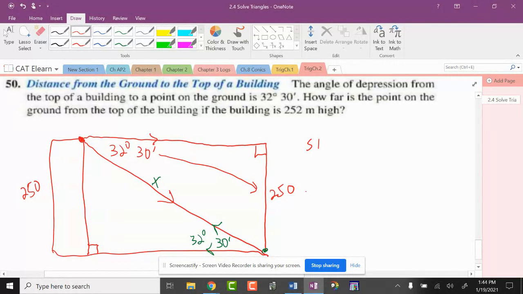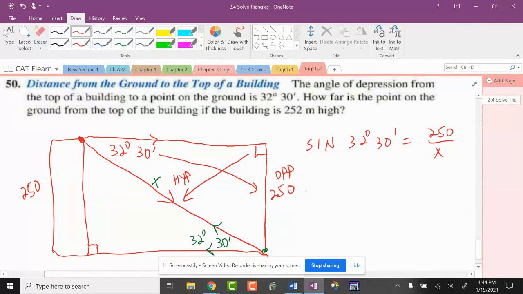The building is almost always vertical, unless it's the Leaning Tower of Pisa. This is the opposite side, and this is the hypotenuse. Opposite over hypotenuse, sine. Sine of 32 30 equals 250 over x.